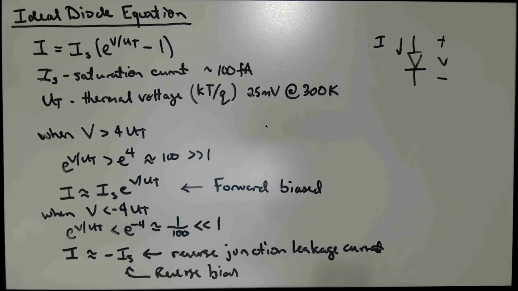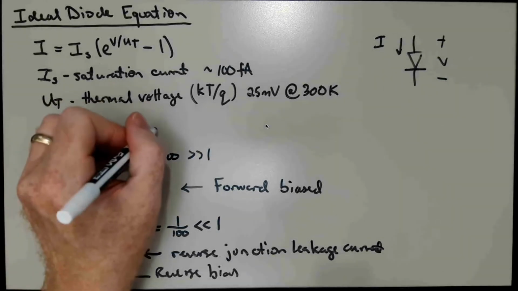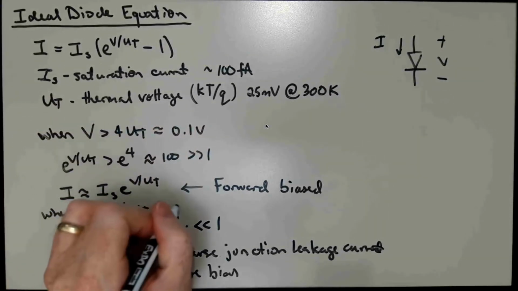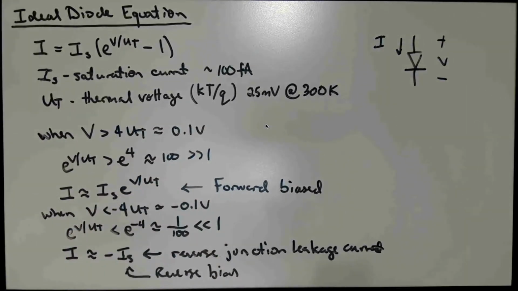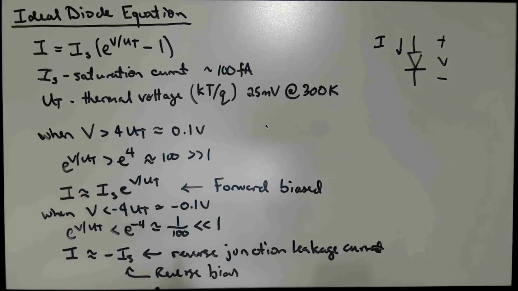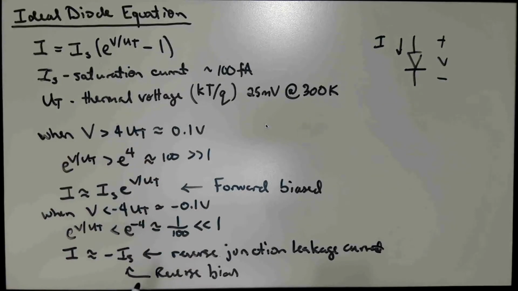Of course, when V is within this window of plus or minus 4 thermal voltages, which is incidentally about 0.1 volts, and this is about minus 0.1 volts, a tenth of a volt, then you do have to think about the minus 1. But when you're outside of that band, very rapidly that exponential term either becomes very much bigger than 1 or very much smaller than 1, and you can ignore one term or the other.